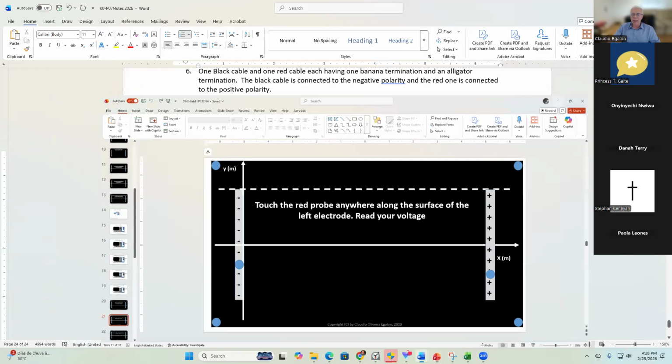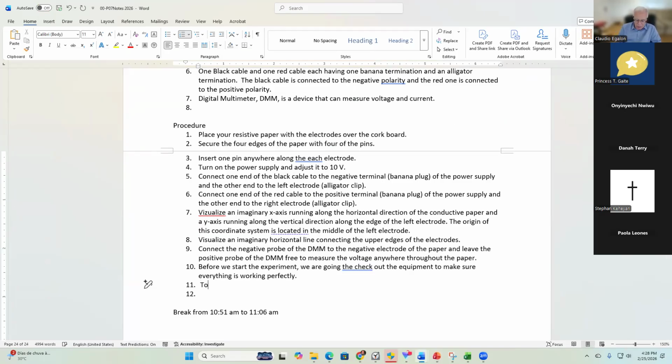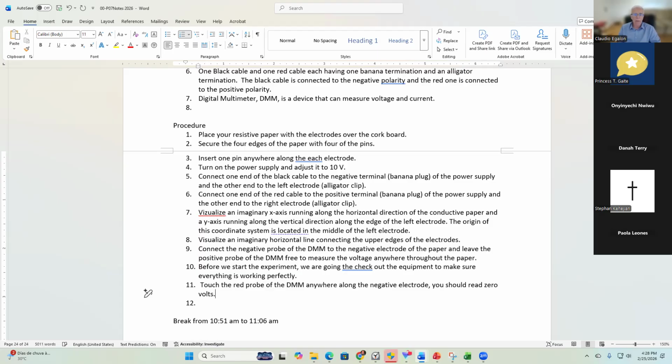Touch the red probe of the DMM anywhere along the negative electrode. You should read 0 volts.